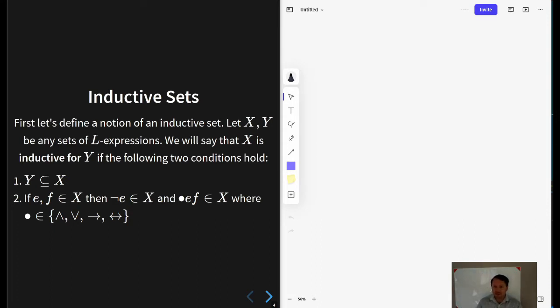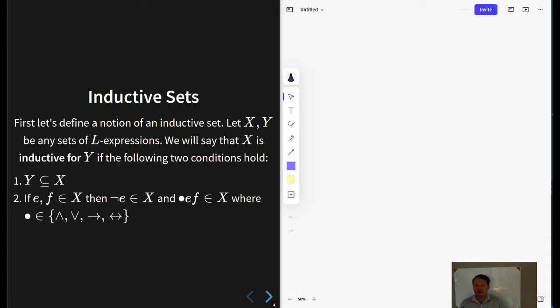And what that means, in case this takes a little bit of explaining, is imagine that you select any E in X, the negation of E must also be in X, so that X is closed under forming negations. And likewise with the other connectives, although this time we need to talk about an E and an F. So if you take an E and an F in X, form any binary connective on those, then that must also already be in X. That's closure under the formation of those binary connectives.